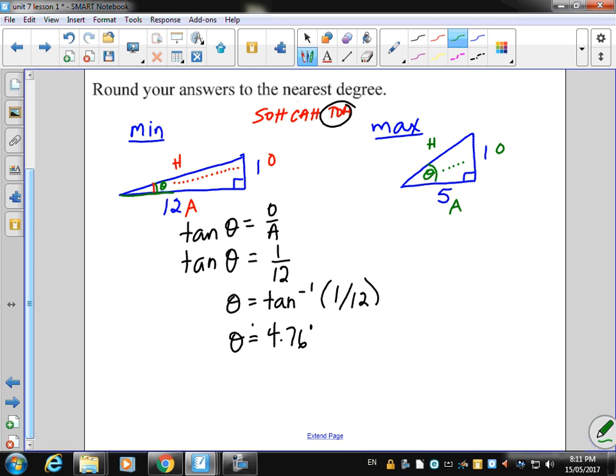I have opposite and adjacent, so I'm going to use tan again. Tan of the angle is opposite over adjacent. Tan of theta is 1 over 5. So this time I'm doing second function tan of 1/5. And the angle, second function tan, is 11.3 degrees.